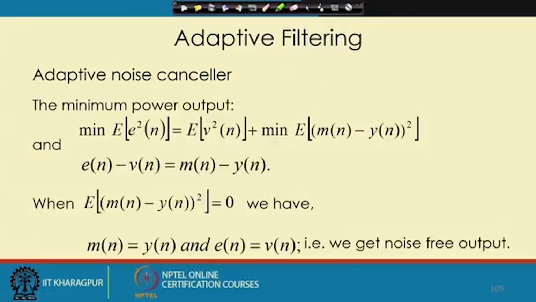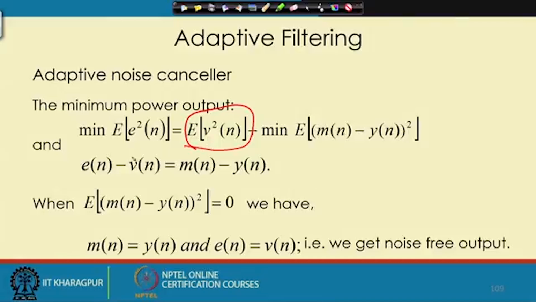Now, when we try to minimize this error, or MSE, the expectation of e squared[n], the first term, if we try to take the minimization, we do not find any effect on that.